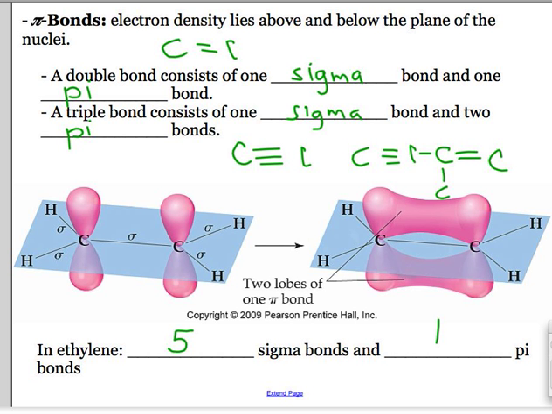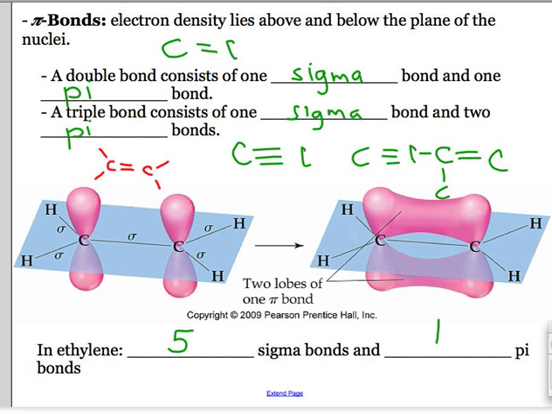If you're looking at this one right here, this is ethylene. Ethylene has a double bond here, so let me try and draw it so that you could actually see it. I'll draw it in red. So this is ethylene. And the question is, how many sigmas and how many pi's?